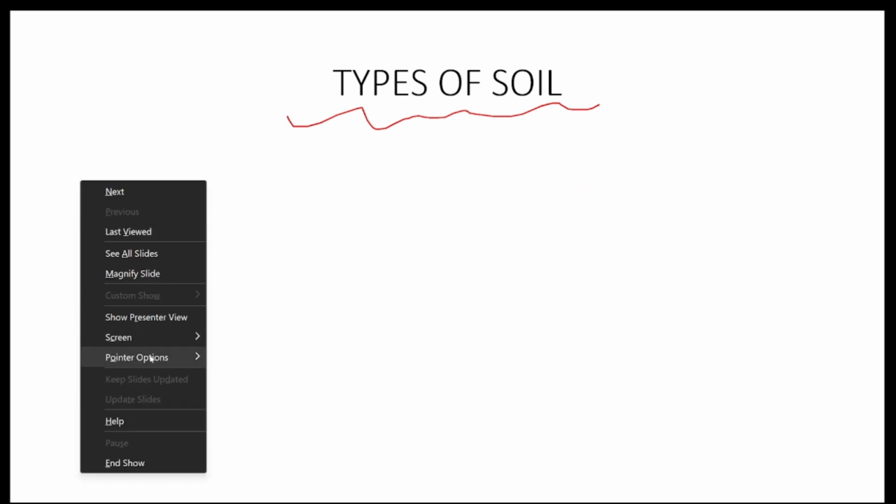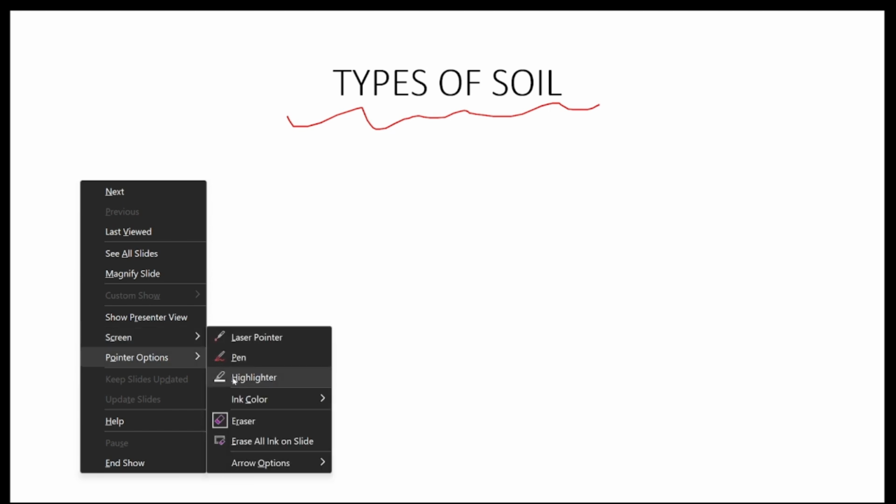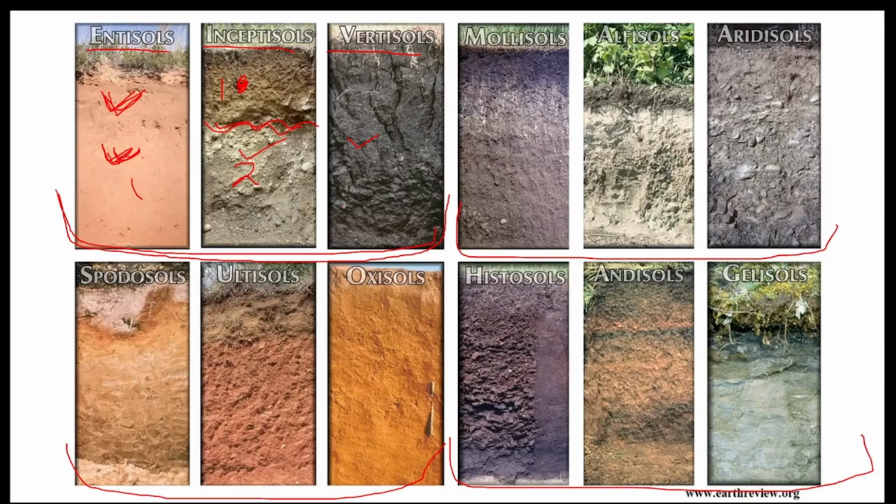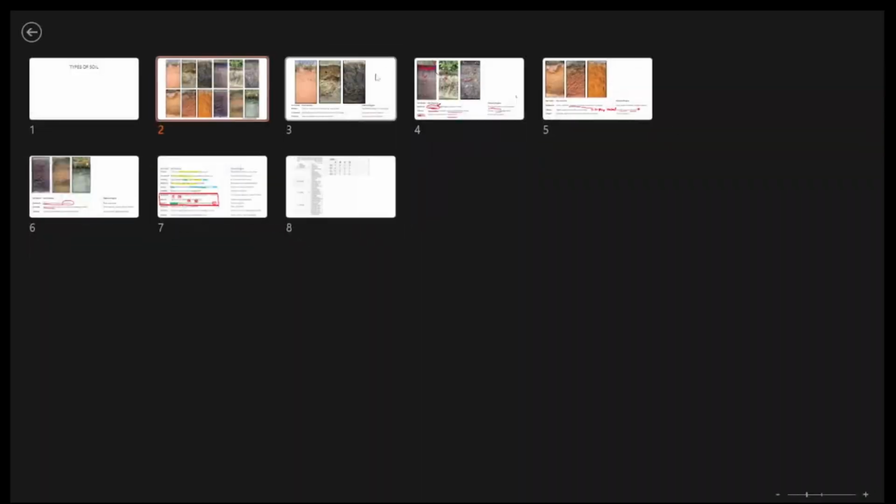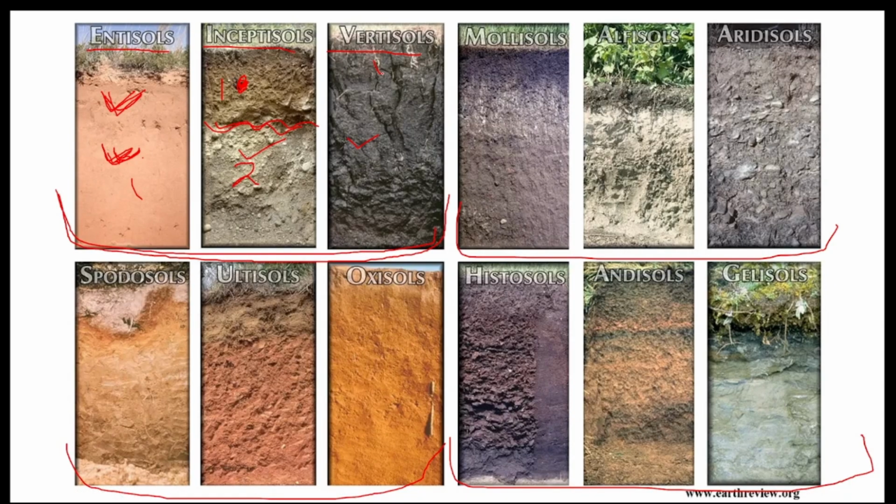For vertisols, try to remember the image as well as the term which I am trying to emphasize. Vertisols, we see that it is black in color. First of all, it is black in color. And also we see that some cracks are generated, right? There are some cracks generated.